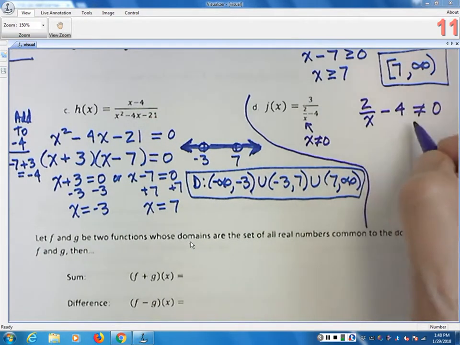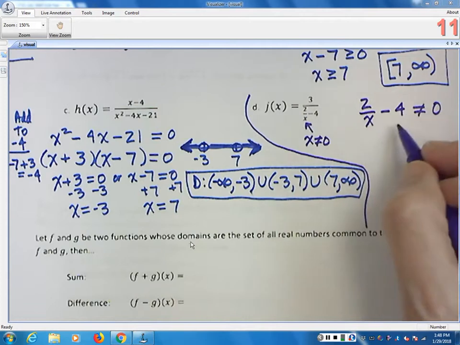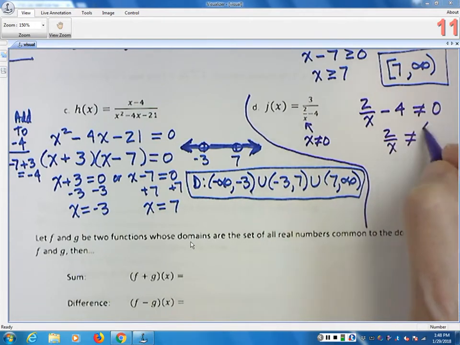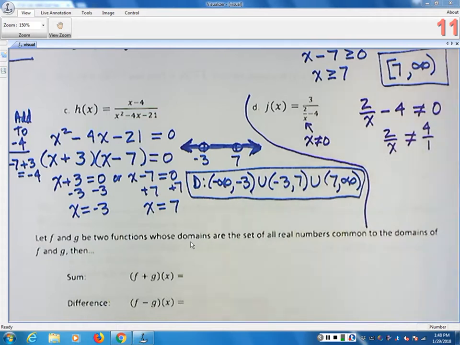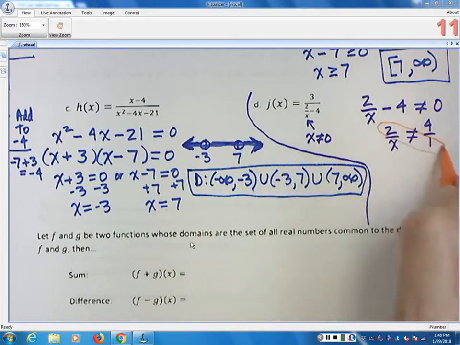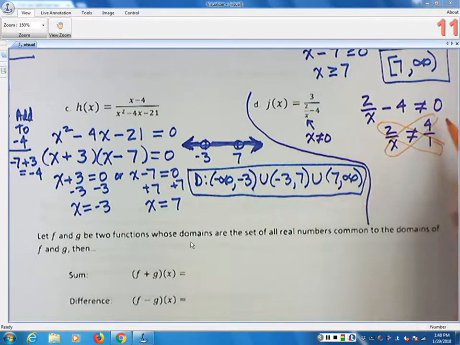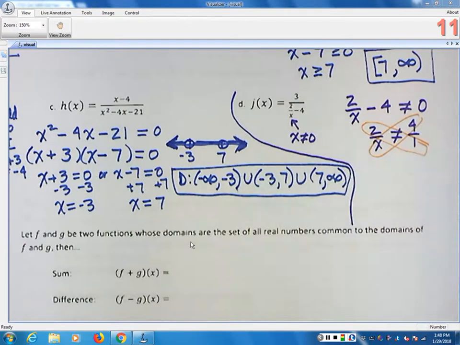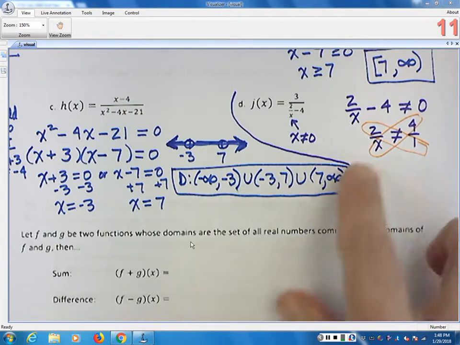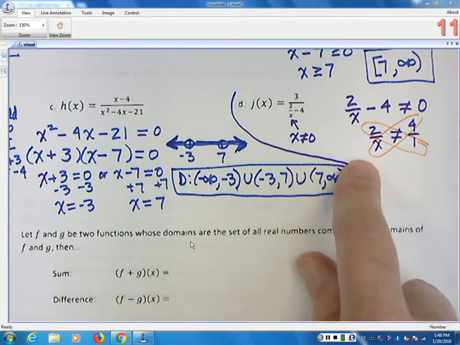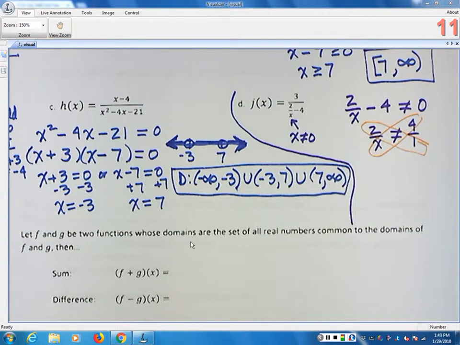We're going to add 4 to both sides. 2 over x can't be 4 over 1. And I'm going to cross multiply. You don't have to do it this way. You could multiply through by x and also get the same result. But if you have a single fraction equals a single fraction, you can cross multiply.